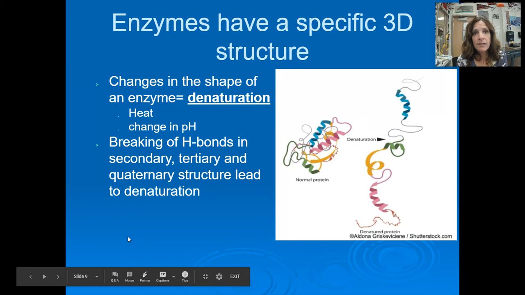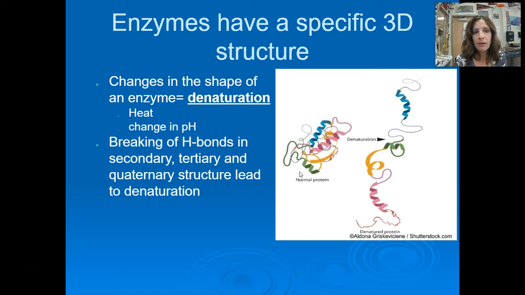So enzymes, like we've said, have a specific 3D structure, and you can kind of see that here. Here's your normal protein, and if the shape of that changes, then it's called denatured. And so here is the shape of an enzyme that's been denatured, and the things that can do this are heat and change in pH.